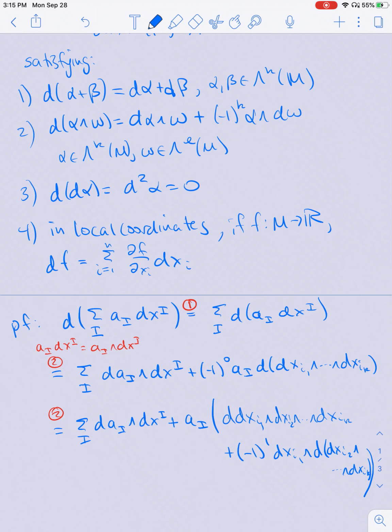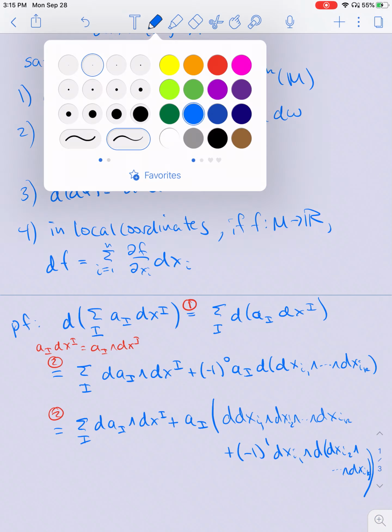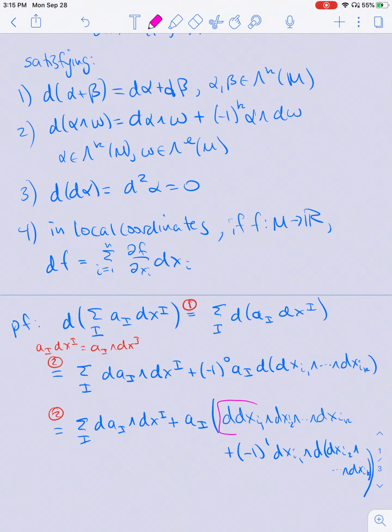Essentially what's going to happen is this term is 0 by property 3, because dx_i is the derivative of the coordinate function x_i. And hopefully you'll believe me that similarly every term in d of dx_i1 wedge dx_i2 wedge all the way out to dx_ik will also be 0, because I'll again be multiplying by the first term, which will always be 0.